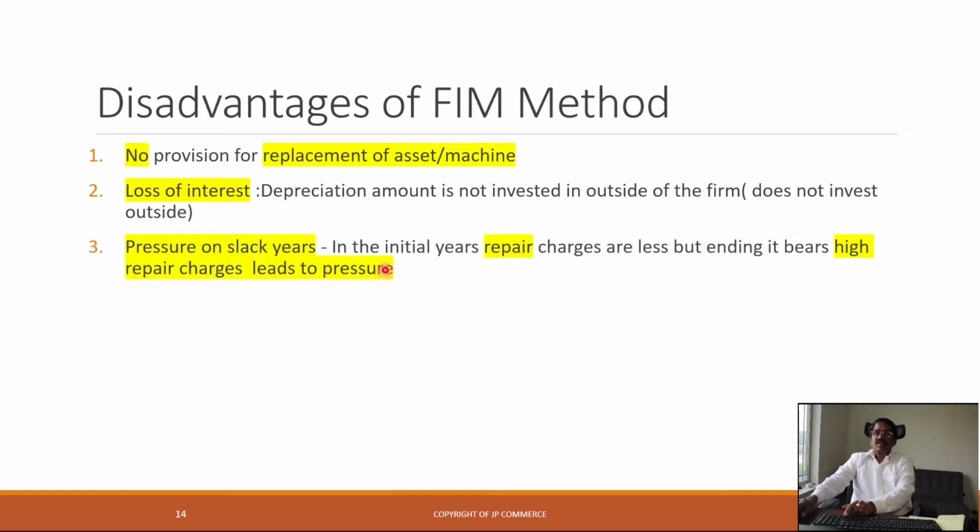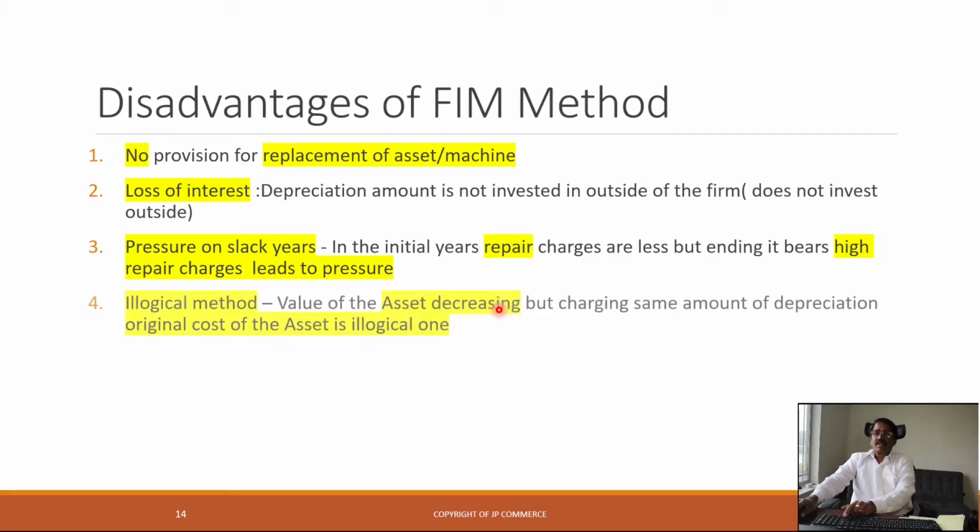There is pressure on the later years. In the initial years, repair charges are very low as the machine works very effectively, but in later years it needs more repairs while we are providing a lesser amount of depreciation. This method is illogical because every year we provide depreciation uniformly, although the asset's life is decreasing and it needs more and more repairs.